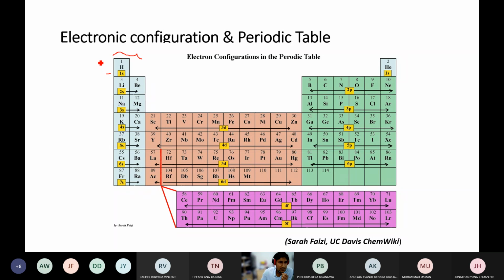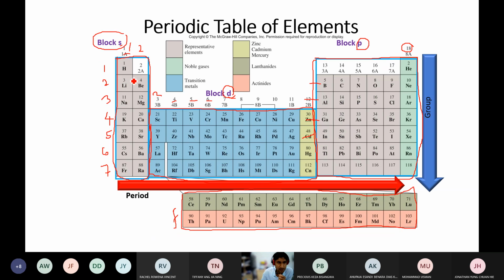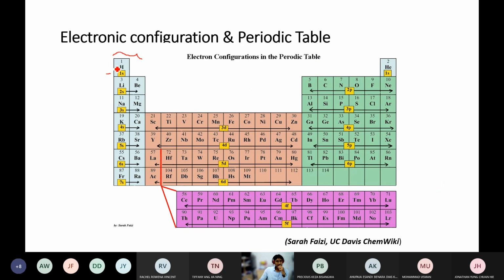So this is group 1. It was in a previous slide, it says it's group, but it's actually period. So period 1, period 2, period 3, period 4, and these are the groups. There is a mistake here, I will correct it later.